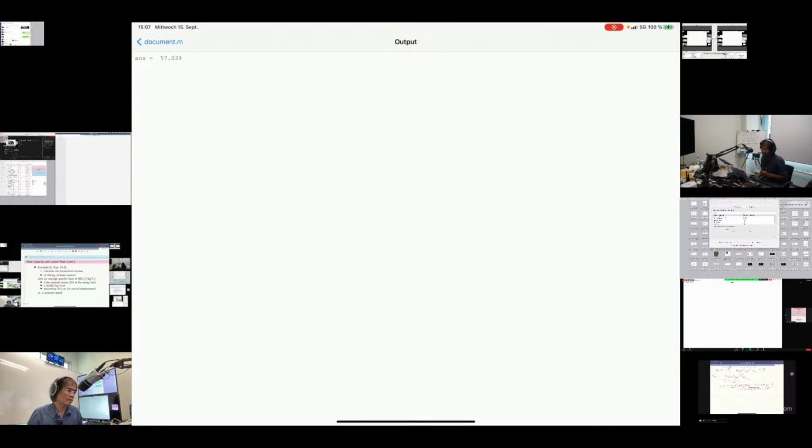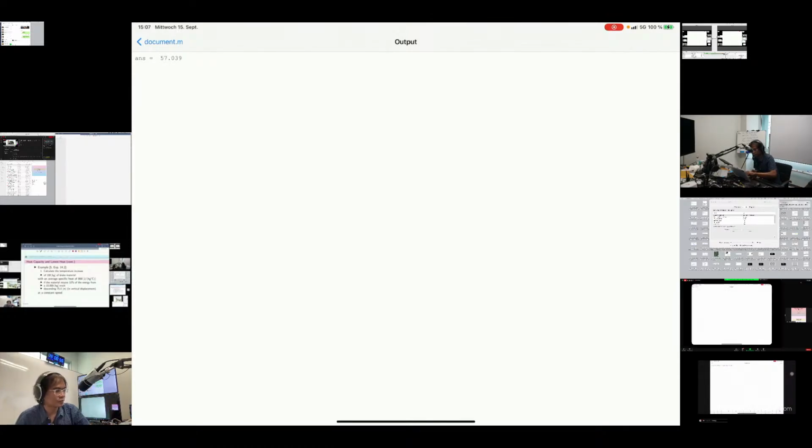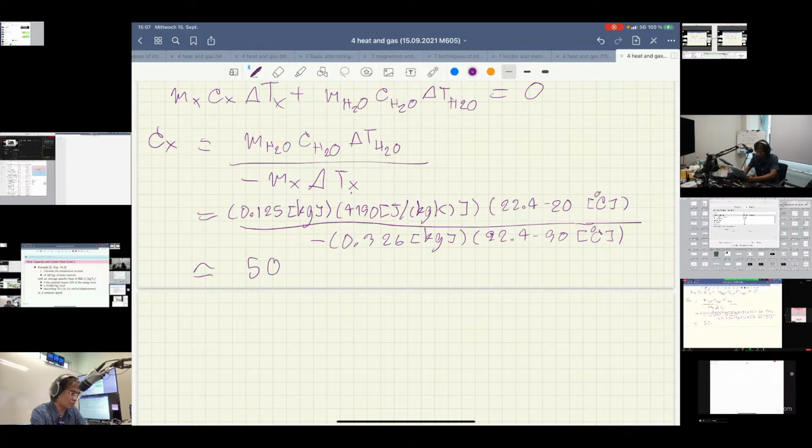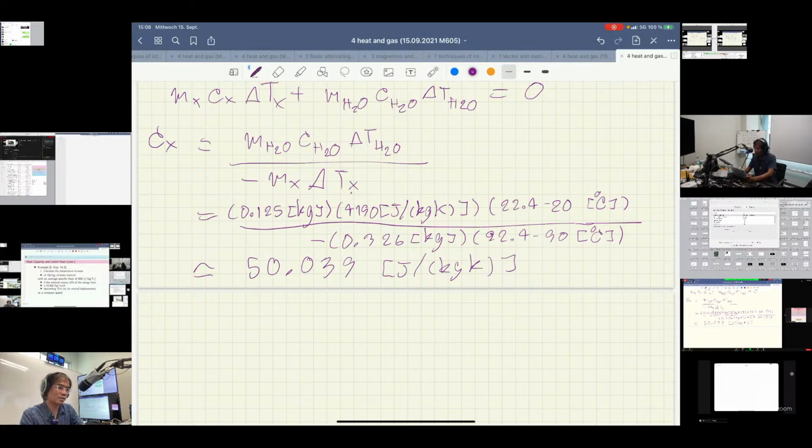Yeah, it's 50.039 joule per kilogram and Kelvin. All right. Okay, and that's it. Let's see whether our result is correct or not.